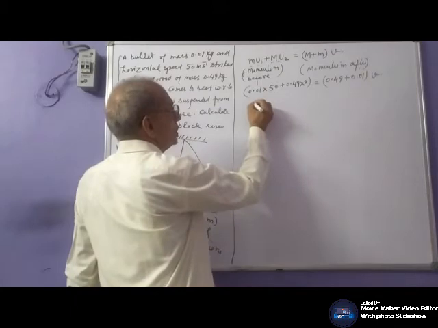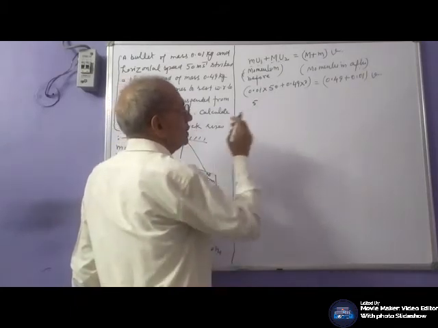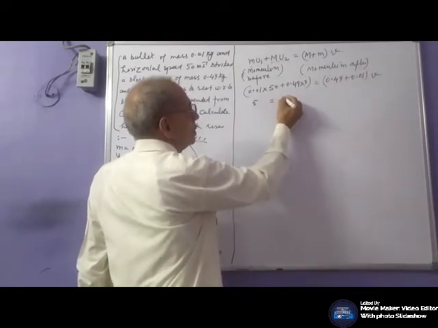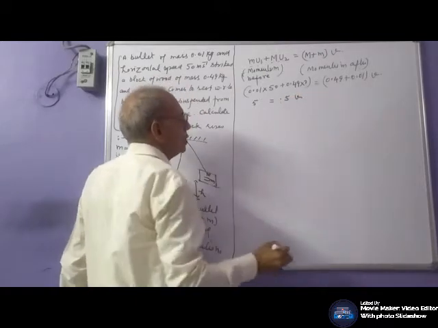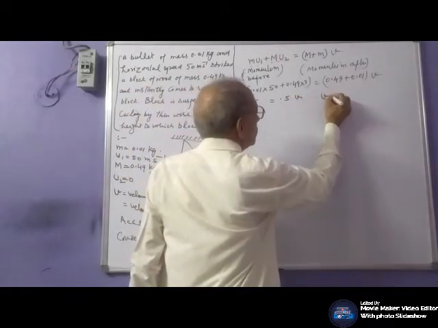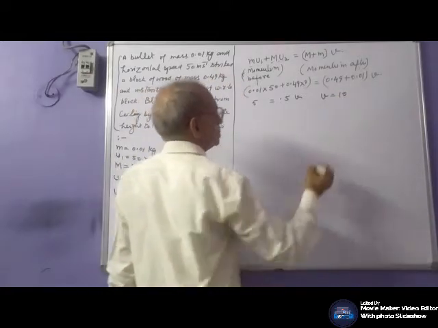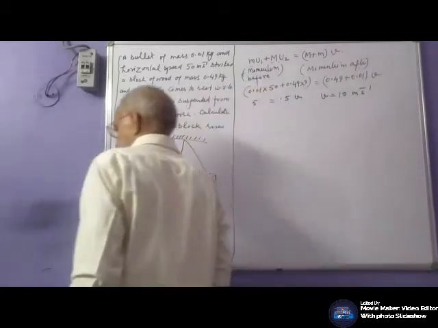So this is 5, this is 0.5 V, or V comes out to be 10 meter per second.